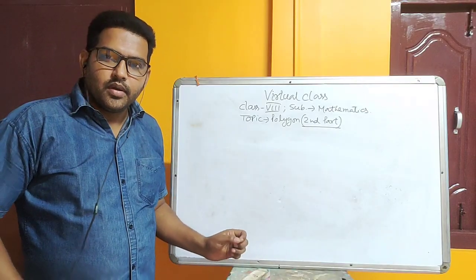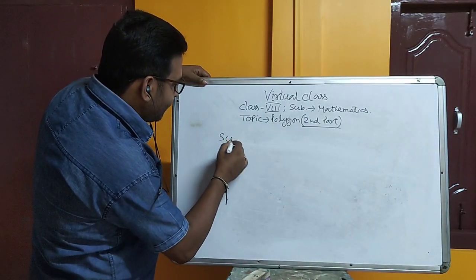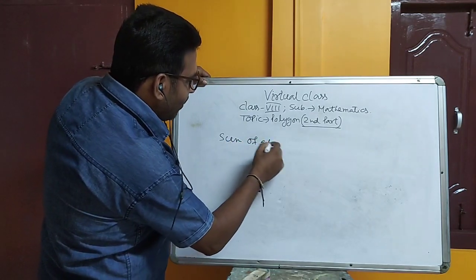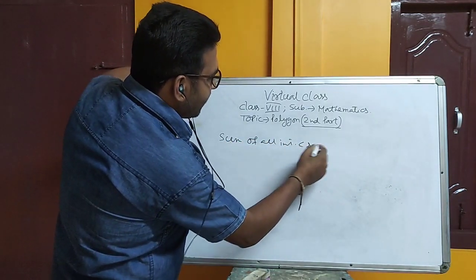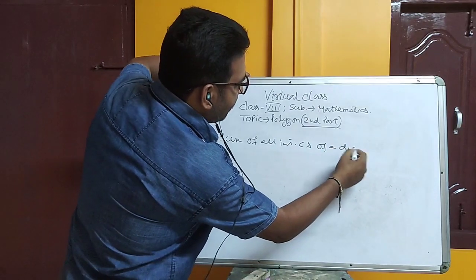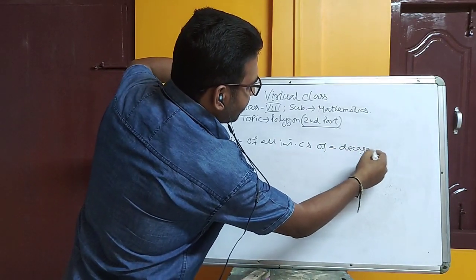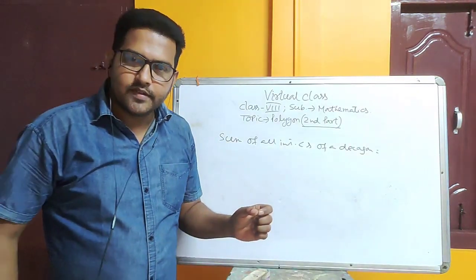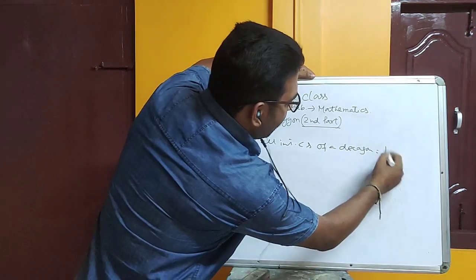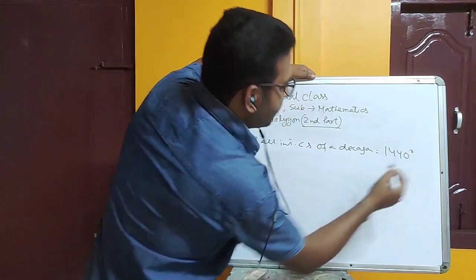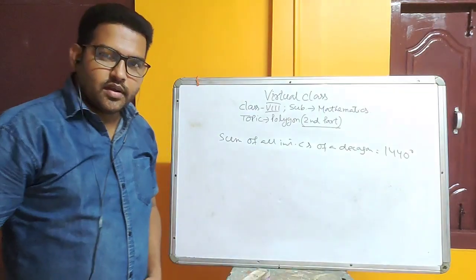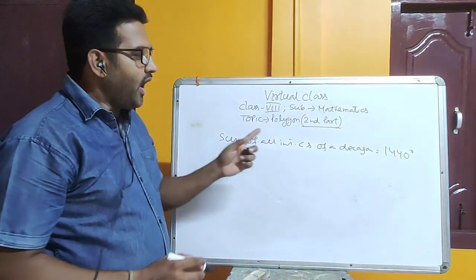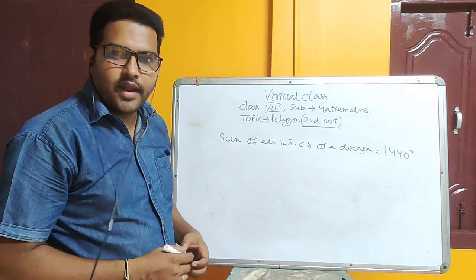So, what is the sum of all interior angles of a decagon? Already we have calculated in my previous class, that is 1440 degrees. Is it? So, how many angles are there in a decagon? There are 10 angles.